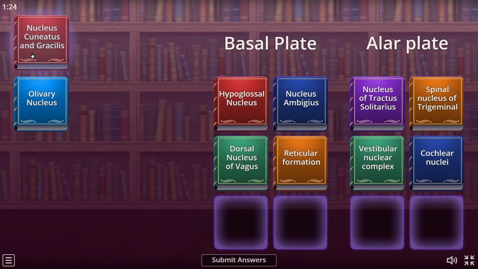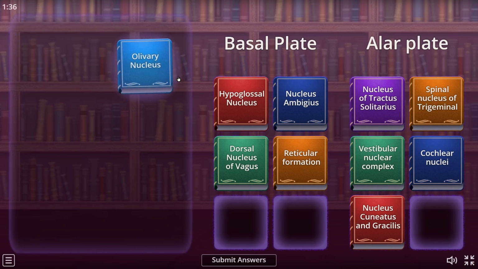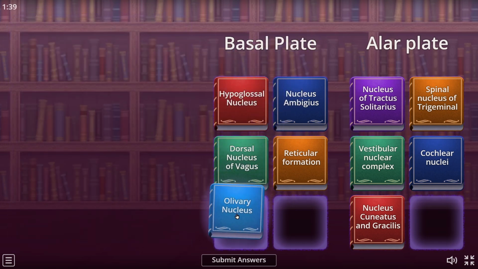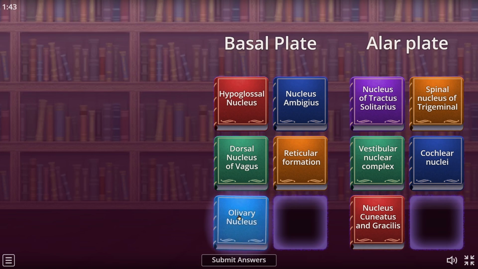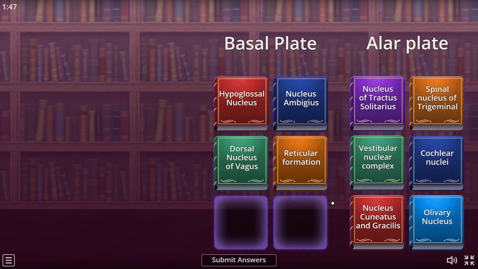And then nucleus cuneatus and nucleus gracilis, of course they are sensory, so they are also derived from alar plate. Now, olivary nucleus, it is related with coordination and balance. You might first be tempted to classify it here as a basal plate, but this is wrong. Don't make this mistake. Let's classify it in the alar plate, and now let's submit the answers.